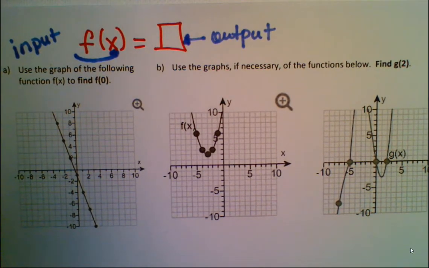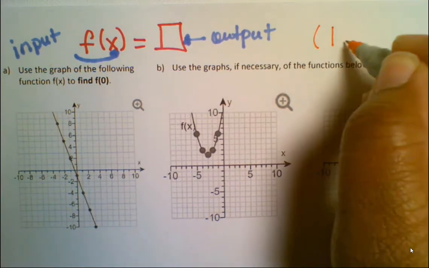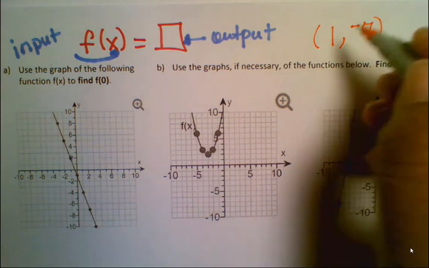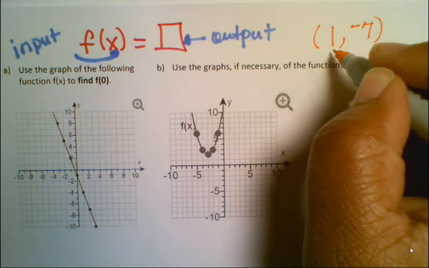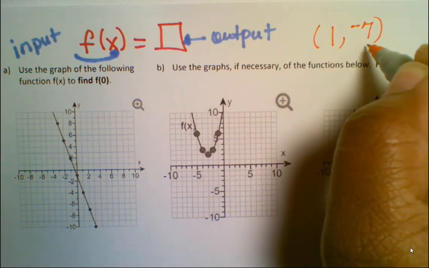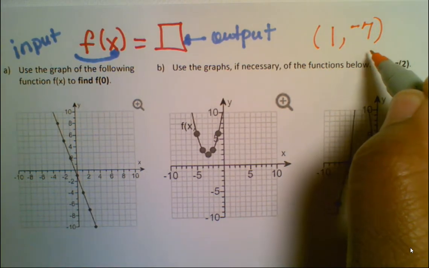So for example, you have the ordered pair of, let's just say, I'm making up something, 1 comma -7. Well, your x coordinate, that's your domain. That would be your input. The y coordinate would be your range.